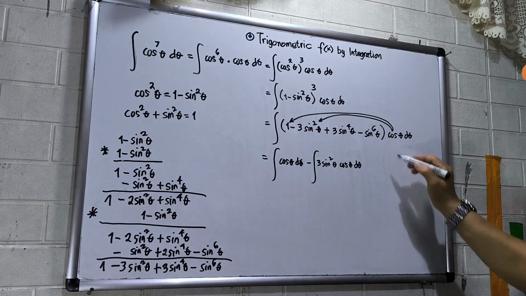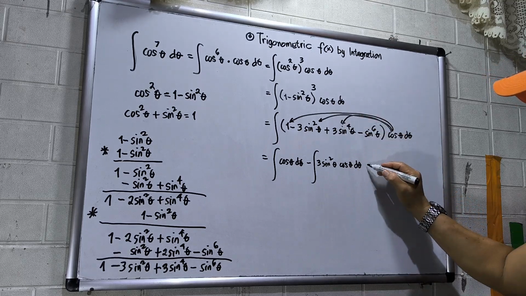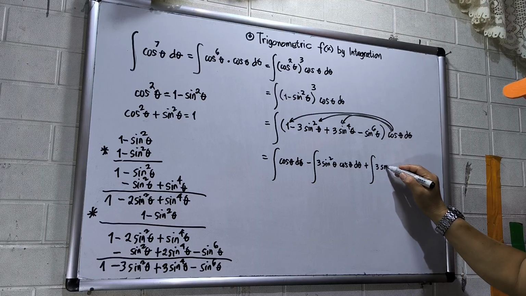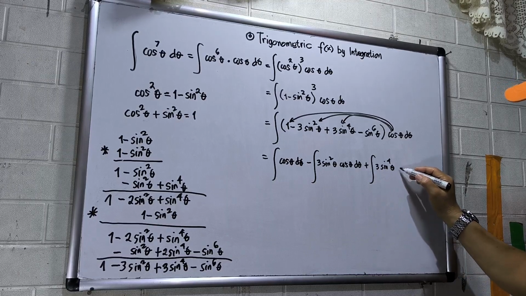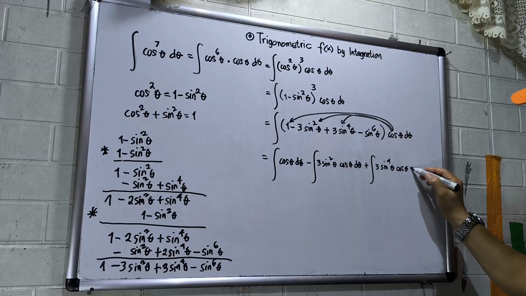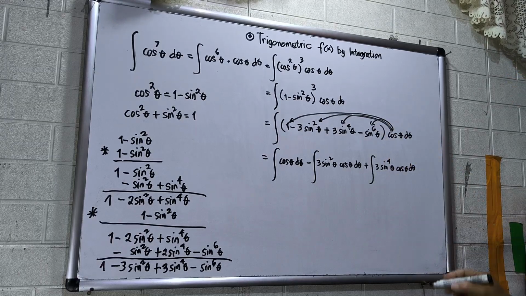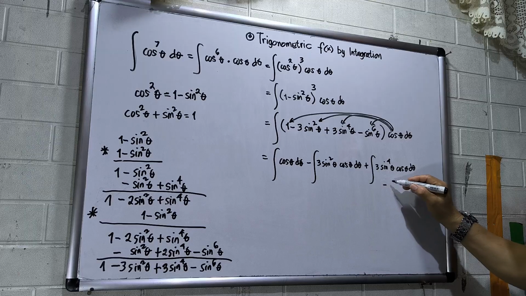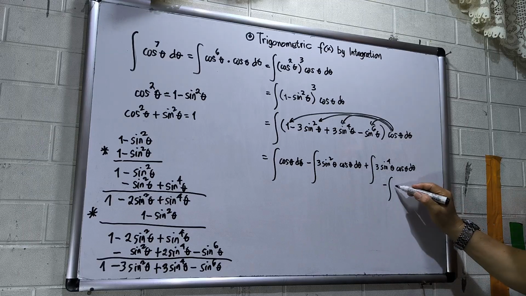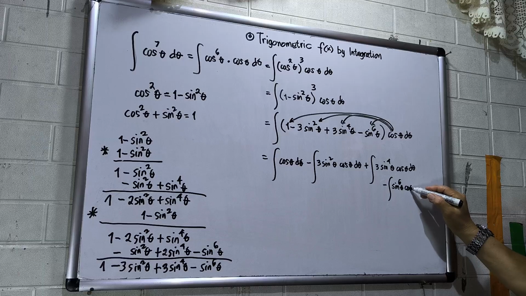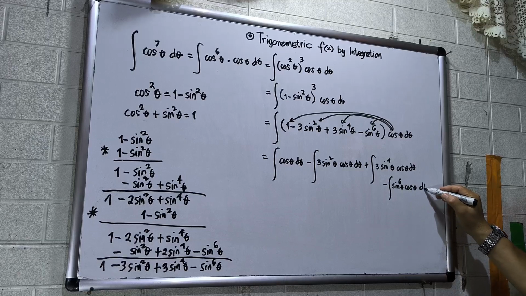Then next, plus the integral of 3 sine to the 4th theta cosine theta d theta. Then the last one is minus, just write in here, minus the integral of sine to the 6th theta, then cosine theta d theta.